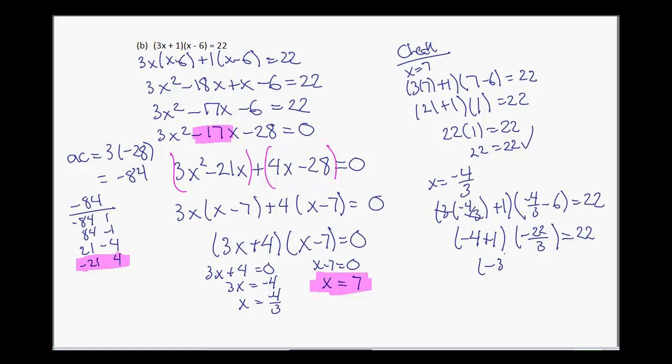We have minus 3 times minus 22 divided by 3 equals 22. Our 3's cancel, leaving us with 22 equals 22. And hence, x equals negative 4/3 is also a good solution.